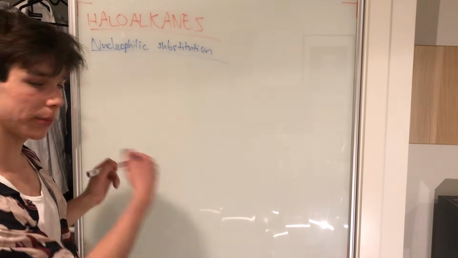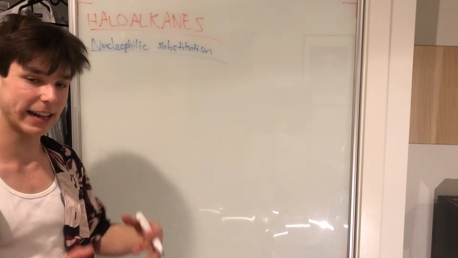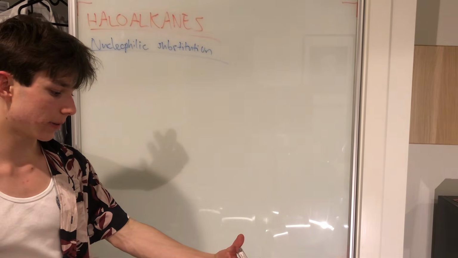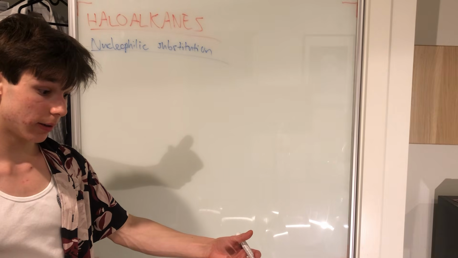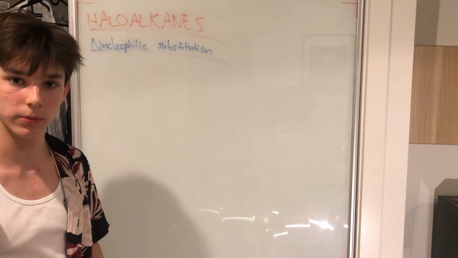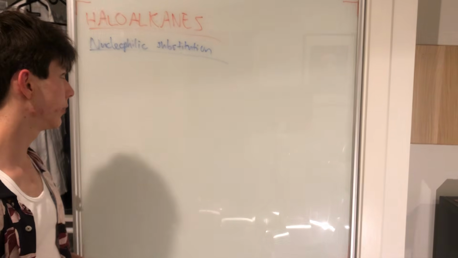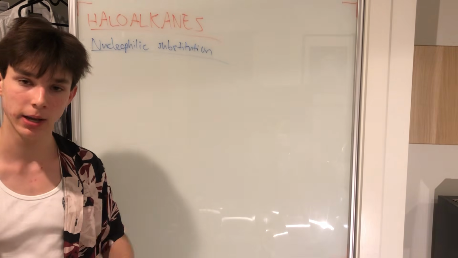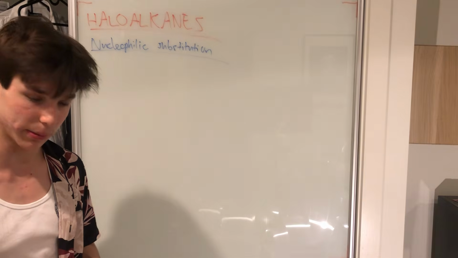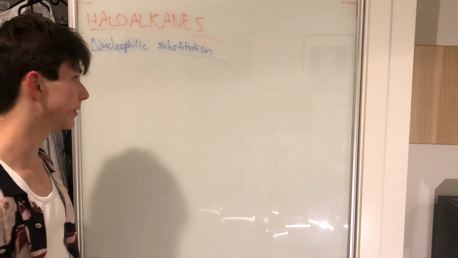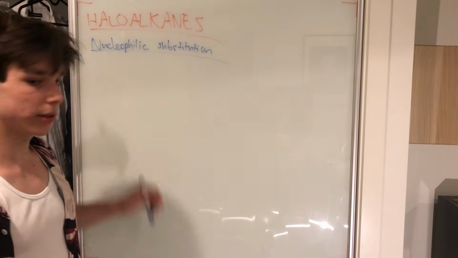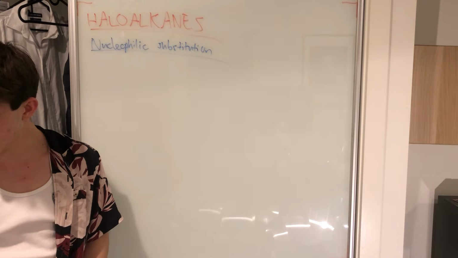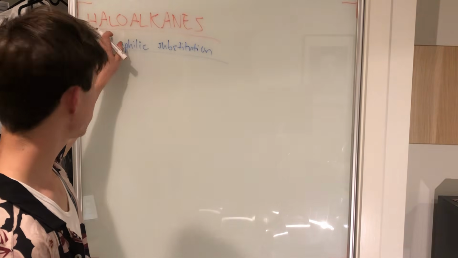We did substitution before when we added a halogen free radical, like a chlorine atom, to an alkane to form a haloalkane. That was free radical substitution, where we used the UV light to split the diatomic chlorine into two. This is a little bit different, and it arises from the idea that we have a haloalkane now.